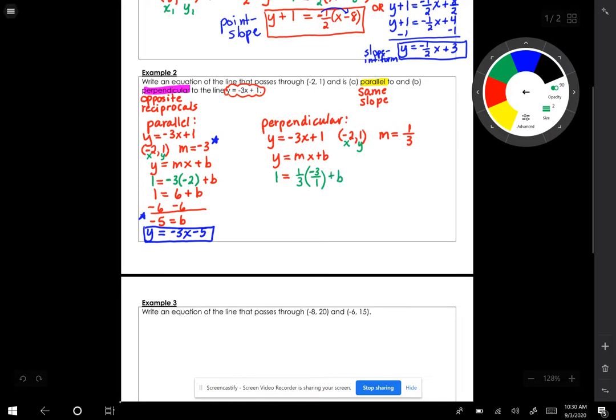And that would be 1 equals negative 3 over 3 plus b. So 1 equals negative 1 plus b. Add 1 to both sides. Now you're going to put these two together. And y equals slope, which is 1/3, times x plus b.